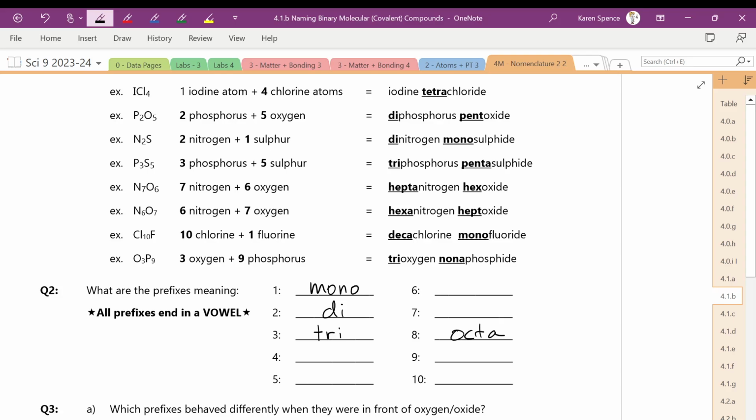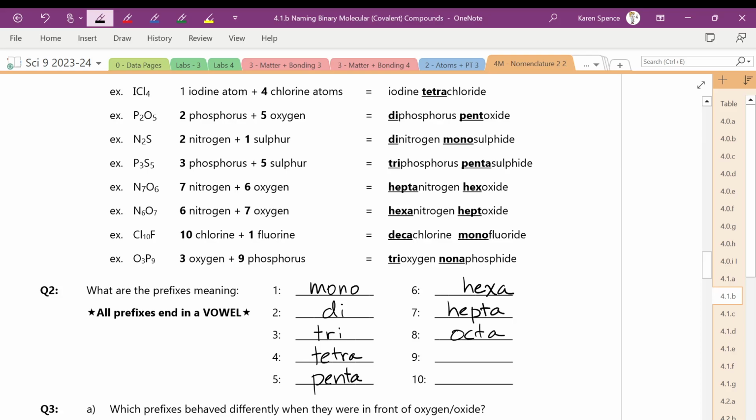Do we know 4, 5, and 6? What's 4? Tetra. 5 is penta. And 6 is hexa. What's 7? Hepta.